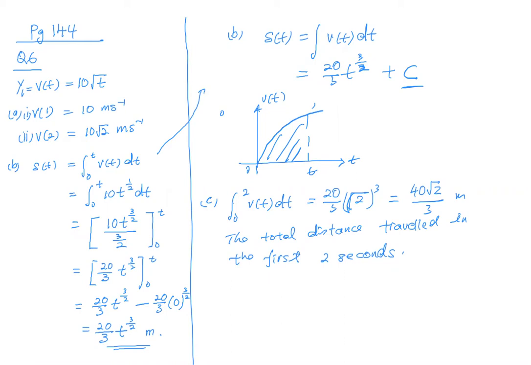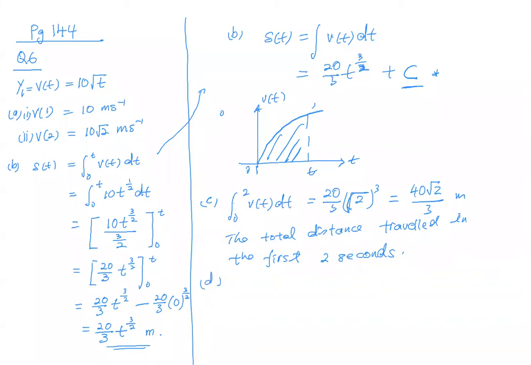Okay, you get me? So I will find that this is not the proper answer for part B because of the word distance travel, not displacement. Okay, let's go to part D.